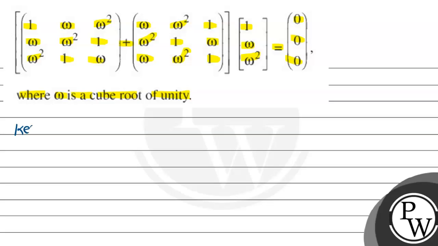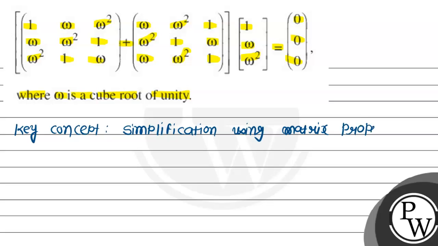The key concept of the question is simplification using matrix properties, right? Now, it is also given that omega is the cube root of unity.